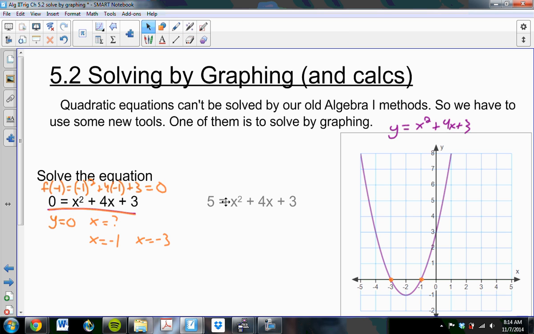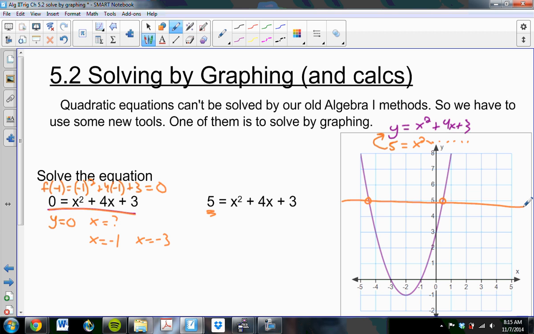Here's another one. When does x squared plus 4x plus 3 equal 5? I think I've actually done this one. Basically, I'm wondering where the y value is 5. It's like I plugged in a 5 for this y value here. Well, the y value equals 5 here and here.